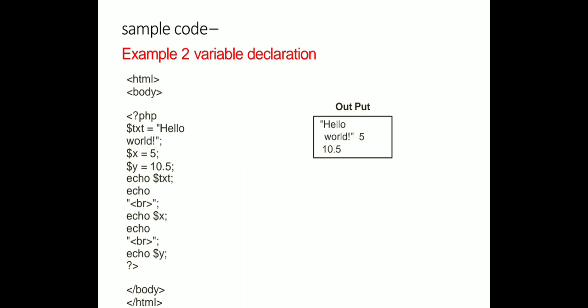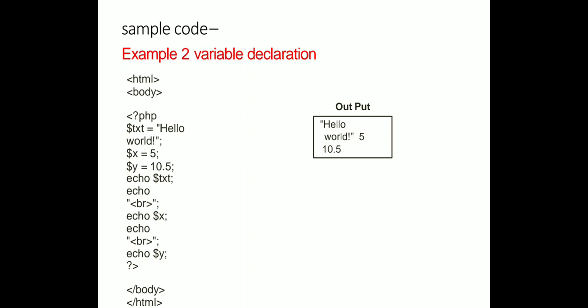Now the PHP script starts with the opening angle bracket, question mark, PHP, and I define the variables. A variable starts with the dollar symbol. So I have defined $txt as my first variable and given it the value hello world. The second variable is $x equals 5, and $y equals 10.5.